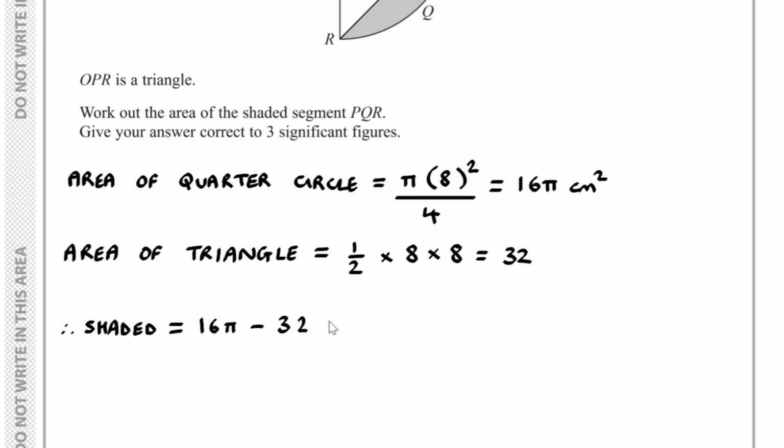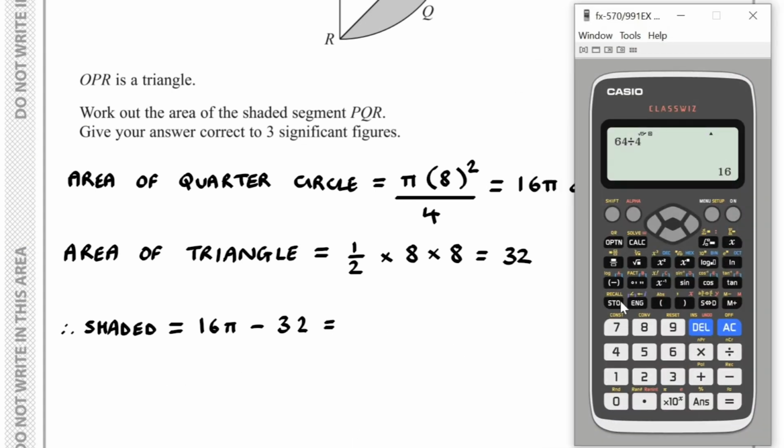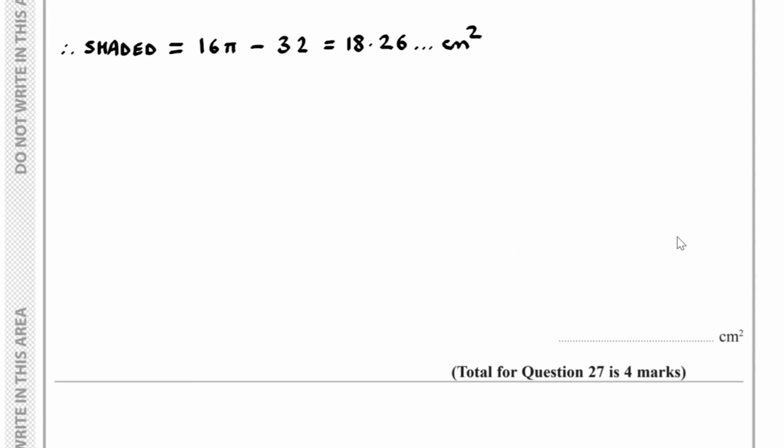And so if I work out what this is, 16 pi take away 32, it turns out we get 18.26 etc. centimetres squared, which to three significant figures is 18.3.